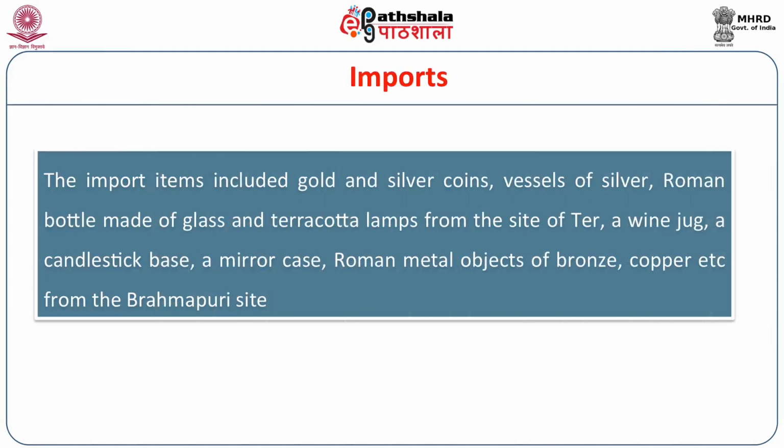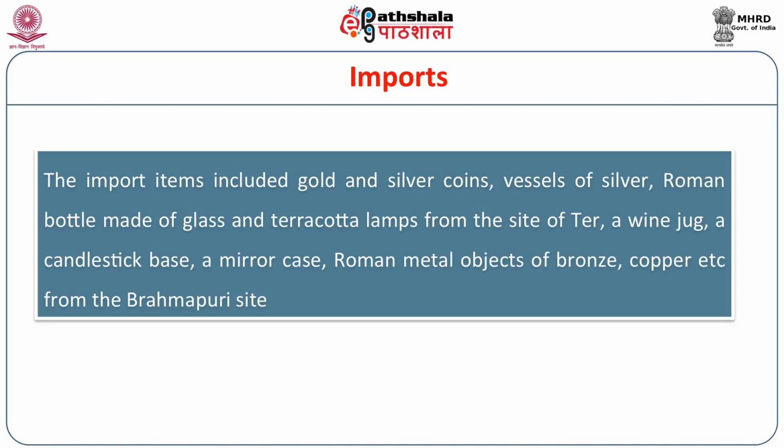The import items included gold and silver coins, vessels of silver, Roman bottles made of glass and terracotta, lamps from the site of Ter, that is Tagarnagaru of the Deccan, a wine jug, a candlestick base, a mirror case, and Roman metal objects of bronze, copper, etc. from the Brahmapuri site.